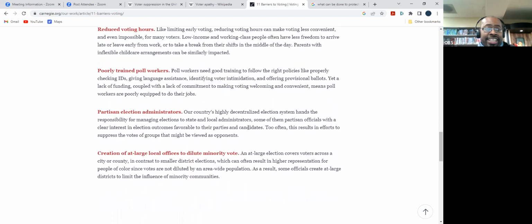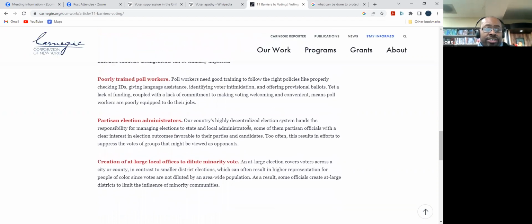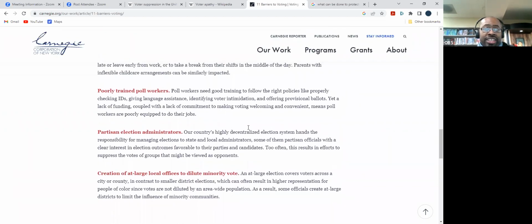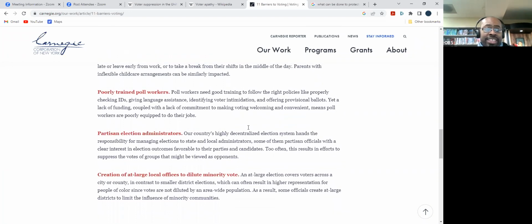Okay, next we have poorly trained poll workers. Poll workers need good training to follow the right policies, like properly checking IDs, giving language assistance, identifying voting intimidation, and offering provisional ballots. Yet a lack of funding, coupled with a lack of commitment to making voting welcome and convenient, means poll workers are poorly equipped to do their job.